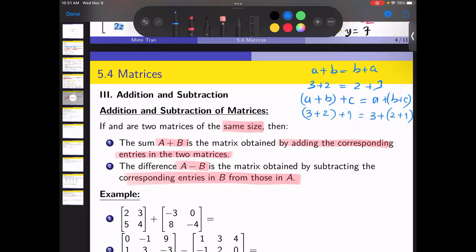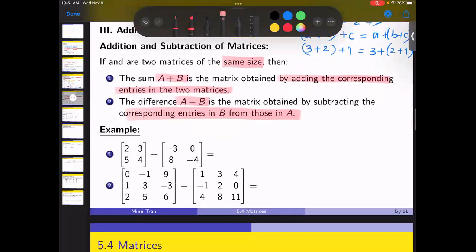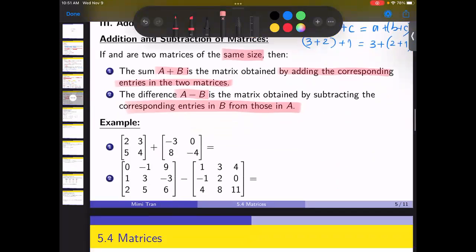Let me ask you something. You don't have to write this down. Is A minus B equal to B minus A? No, right? It doesn't even work with numbers. 3 minus 2 is not the same thing as 2 minus 3, so it doesn't even work with numbers, let alone matrices. Why don't you do 1 and 2? That's easy. I'll walk around and see how you do.